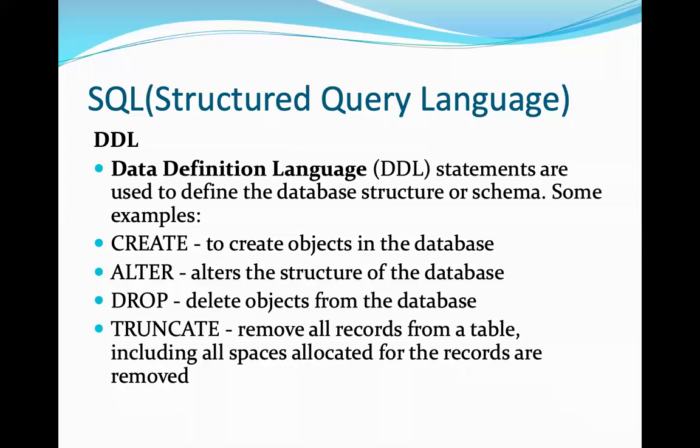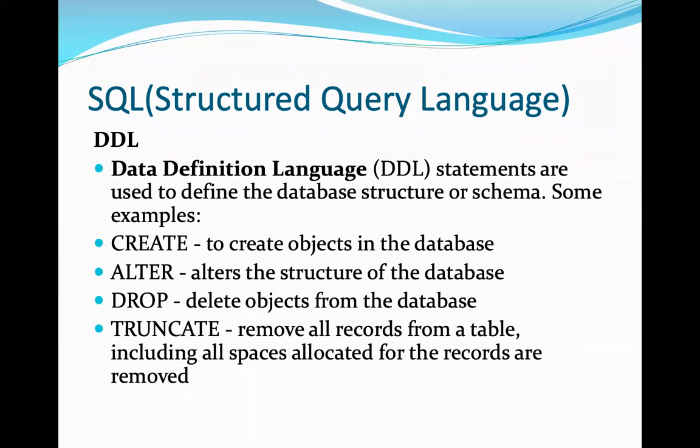There are many types of query languages. The first is the data definition language, under which we have different commands. The create command, by which we can create any type of object. Then the alter command, using which we can alter the structure of the database or of a table. Then the drop command, with which we can drop any object.